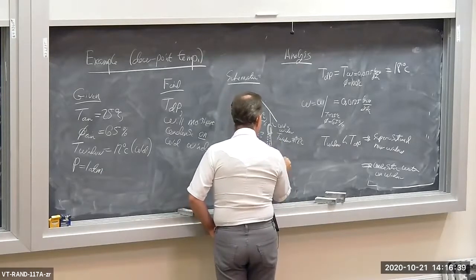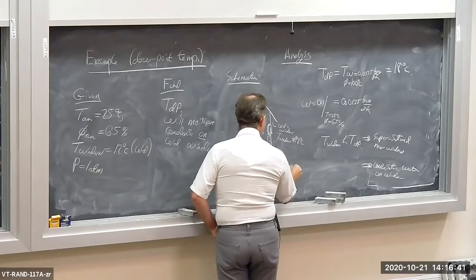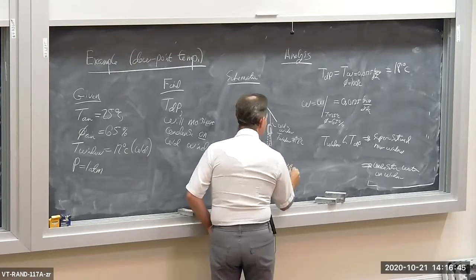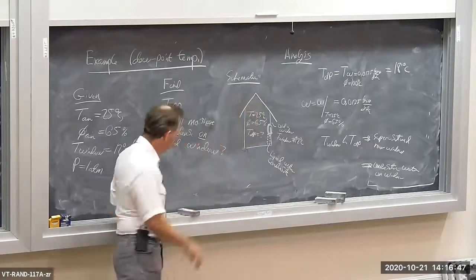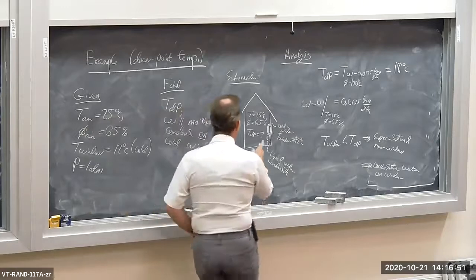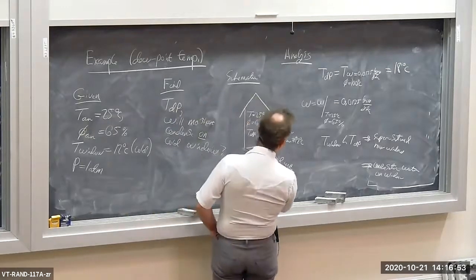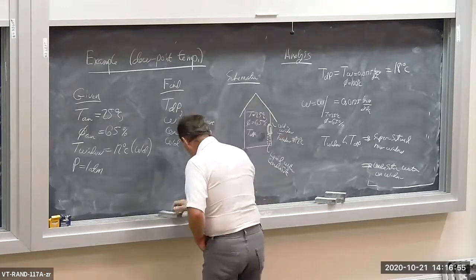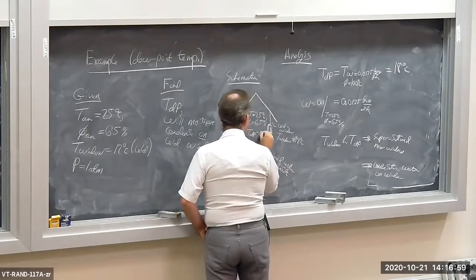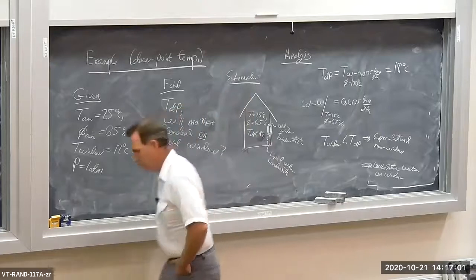Liquid water condensate, okay? So, let me write, I guess I didn't finish this. Dew point temperature was 18 degrees C, and we're below that, so we're going to get condensation. Okay.